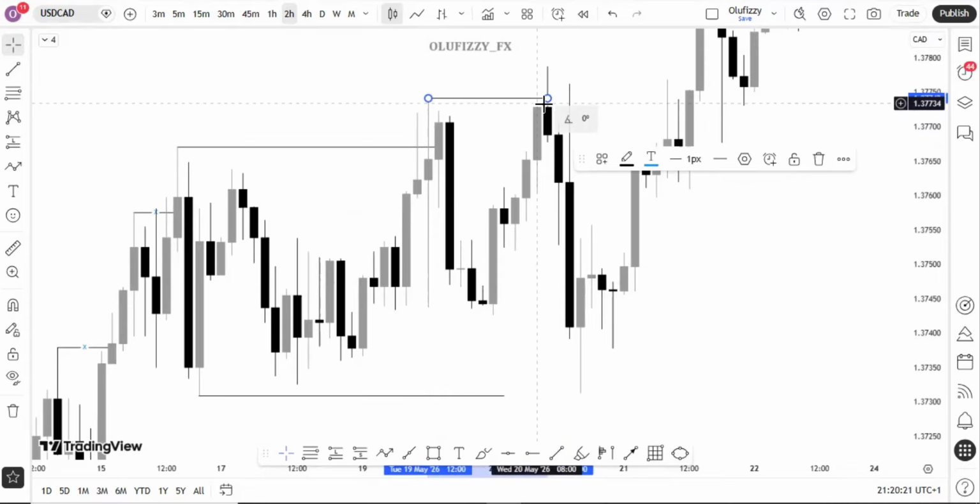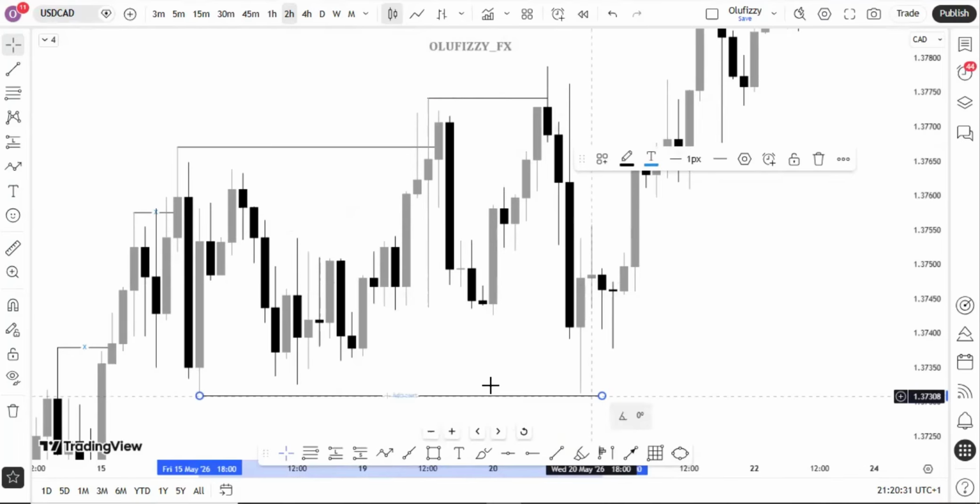So this is not a true break of structure. This is just a sweep. And from there, price did what? Price comes all the way down here again, but it doesn't take out this low. So we don't consider this as a swing low yet, because this particular swing low doesn't cause a break of structure. So this is still our swing low.